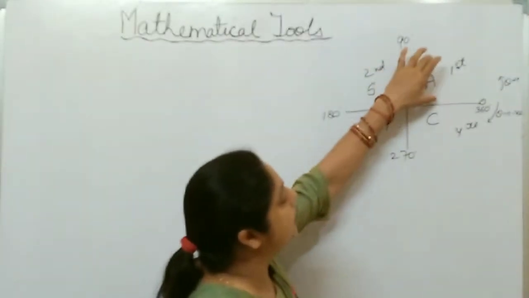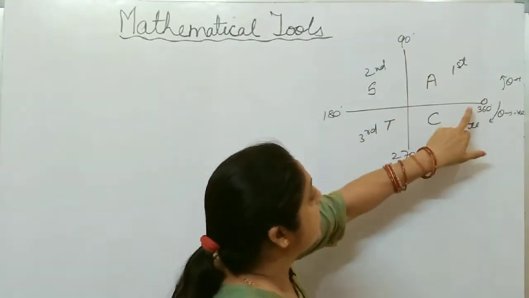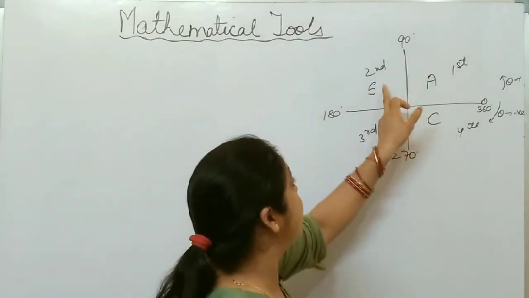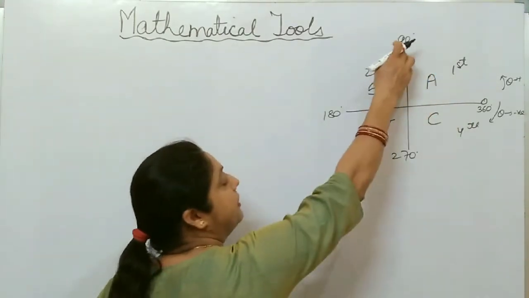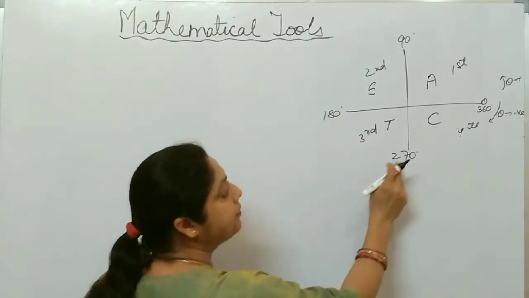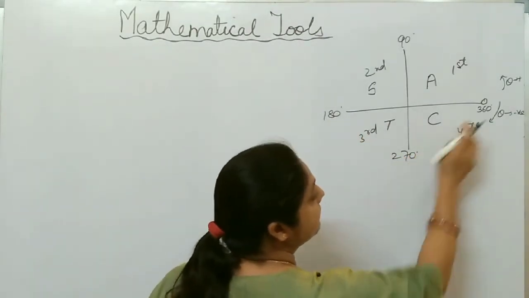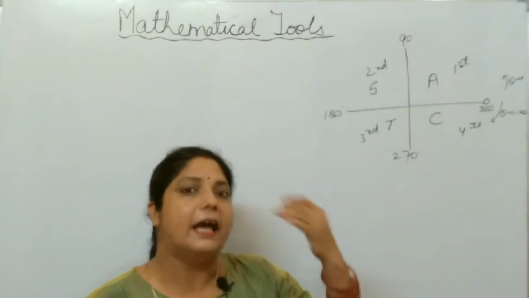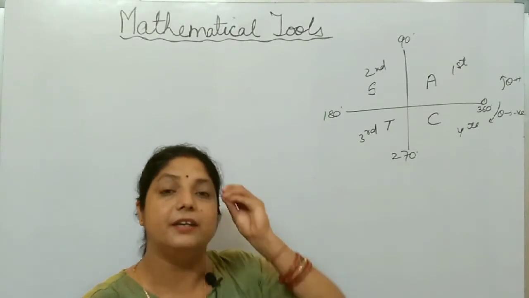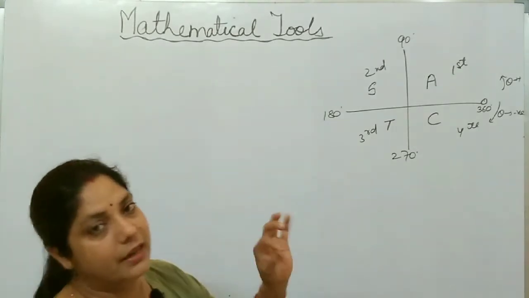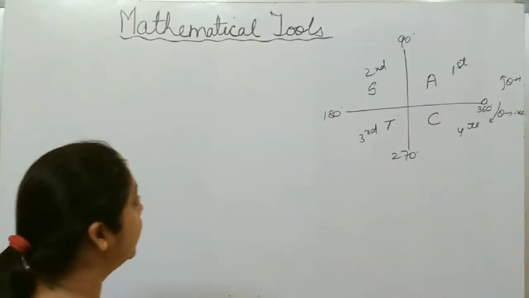The first quadrant means the angle between 0 to 90 degree. The second quadrant means the angle between 90 to 180 degree. Third means 180 to 270 degree, and the fourth quadrant means 270 to 360 degree. Now when any angle is given, first you have to find in which quadrant that angle lies. After that it's very easy to calculate the value of that angle, okay?